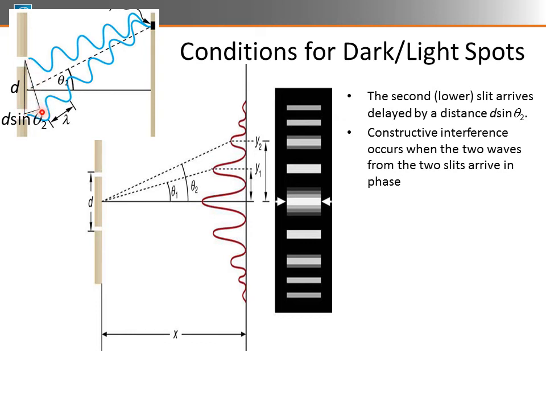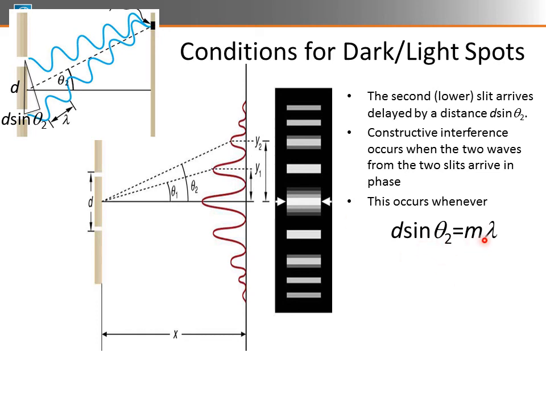But we know that d sine theta has to be exactly equal to one wavelength to get a maximum. So we say that d sine theta is our path difference. It's just the difference between this path and this path. So d sine theta is equal to m lambda. So if m is an integer, then that's going to be a bright spot.